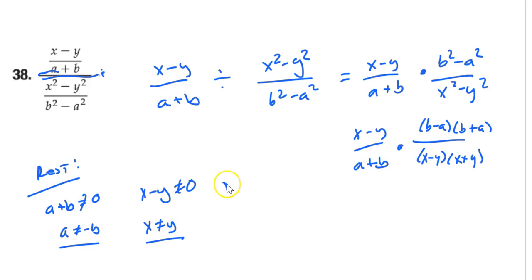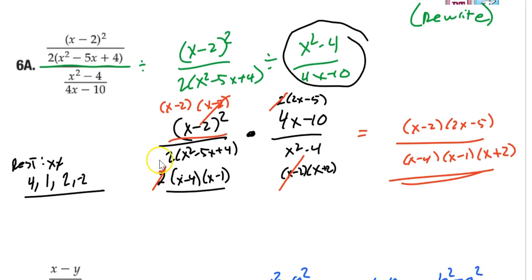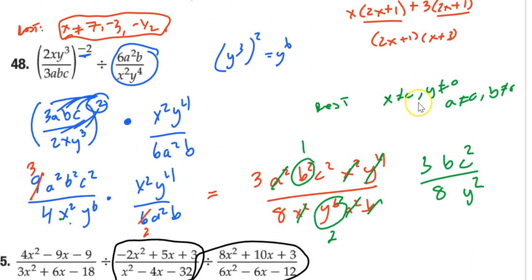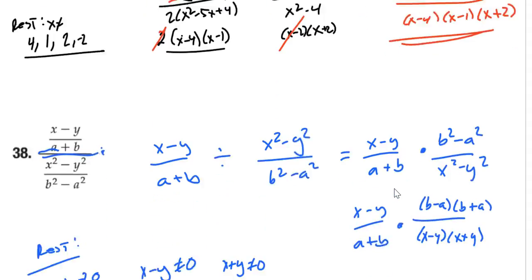Same thing with that one: x plus y cannot equal 0. If you want to be fancy about it, subtract the y: x cannot equal negative y. So these are my restrictions. Either one of those gives you full credit. Just whatever's on the bottom cannot equal 0. Because there's a plus sign, you actually got to solve it. If it was just single variables being multiplied, like we did earlier, then you just list them out.